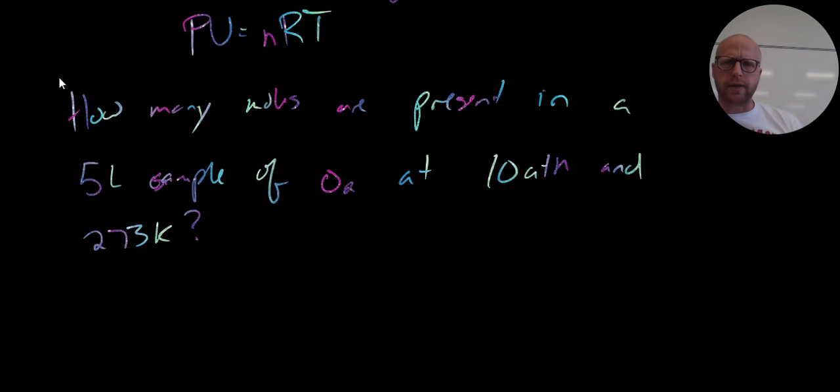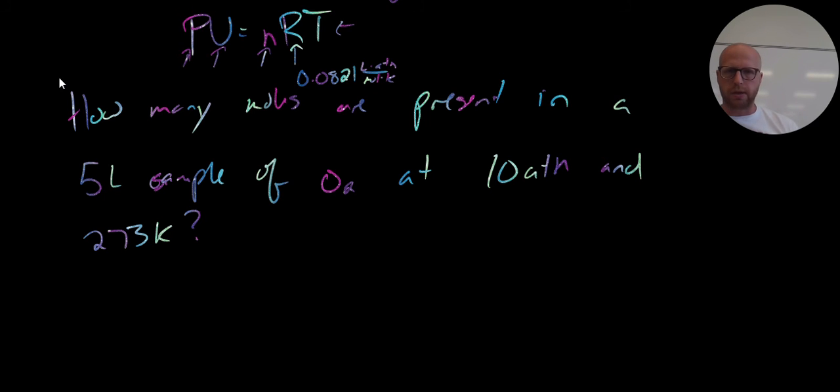So if we remember back to ideal gas law, we've got pressure in atm, volume in liters, n is going to be moles, R is my gas constant, 0.0821 liter atm per mole Kelvin, and T is my temperature in Kelvin.